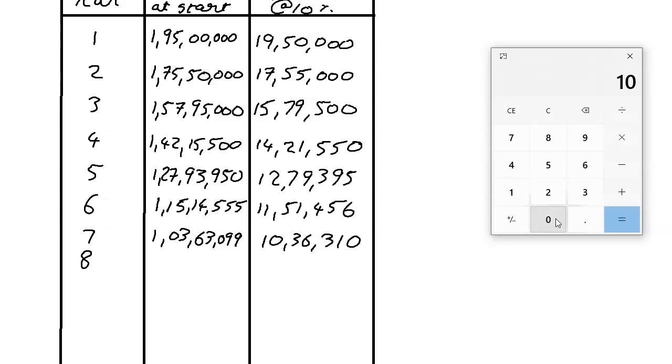Okay, and one more time, unnecessarily I reset the calculator. One more time we need to subtract. So 1 crore 3,63,099 minus 10,36,310, which gives us 93,26,789.